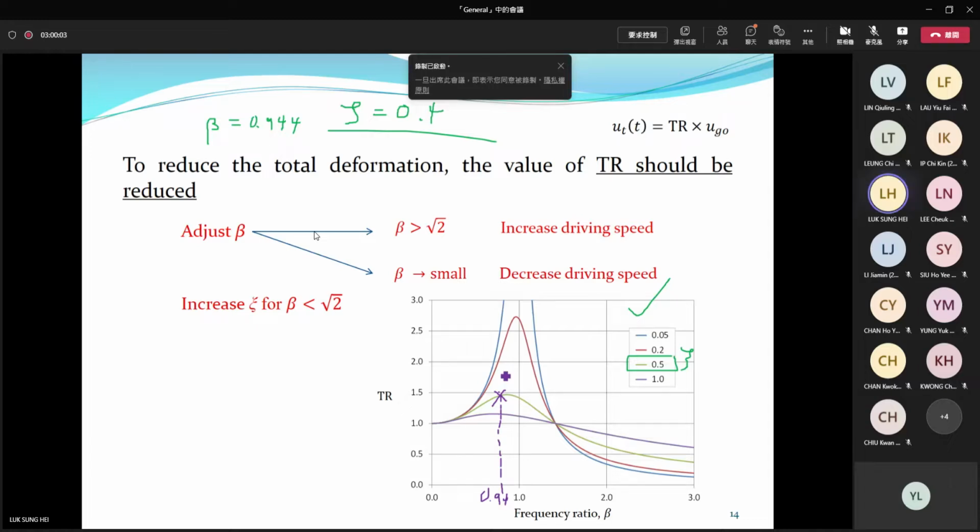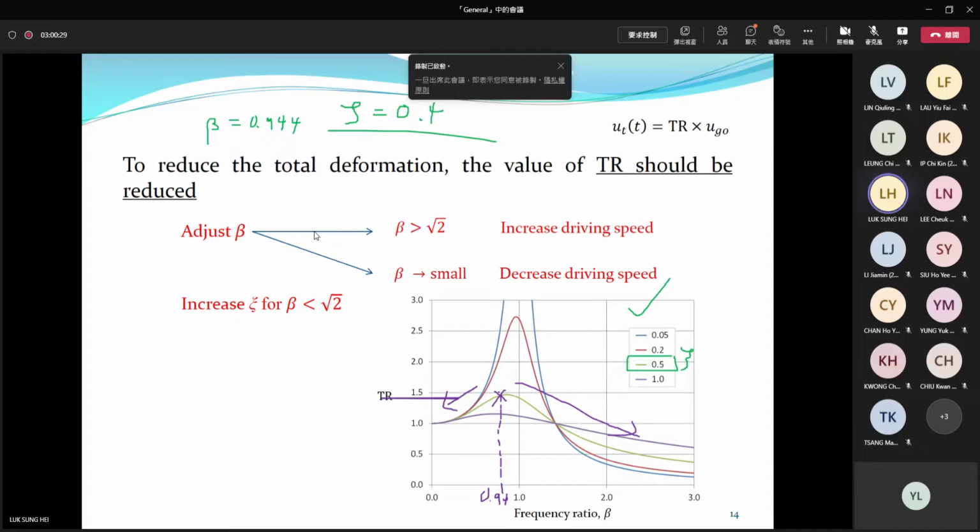So I ask you the same question: how to reduce TR? It seems that we have two chances to reduce TR. First, you may go left, or you may go right. Increasing or decreasing beta can help you to reduce TR.